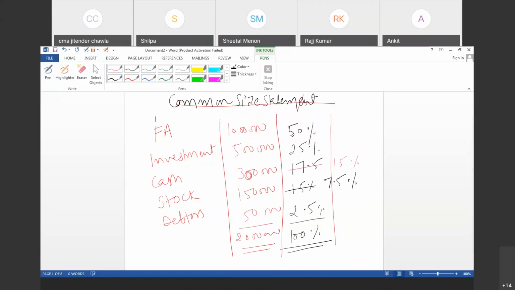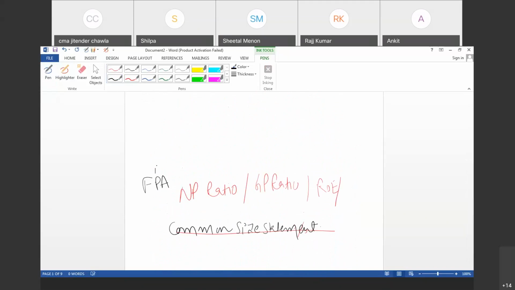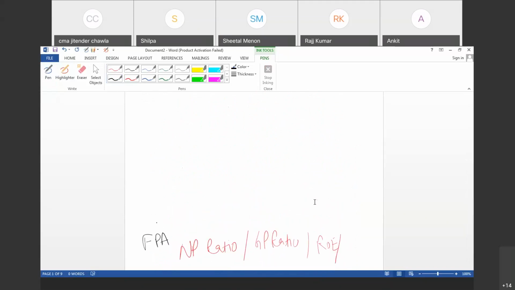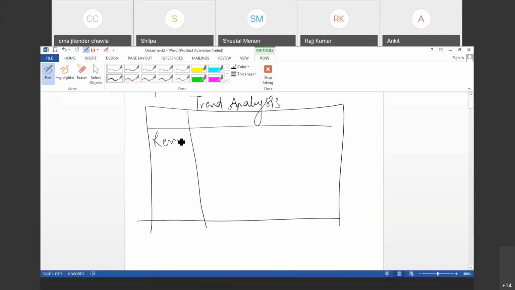Next one we have trend analysis. Right. And you have data related to revenue of 2018, 2019, 2020.